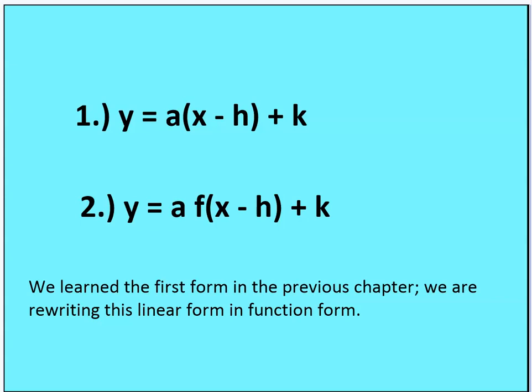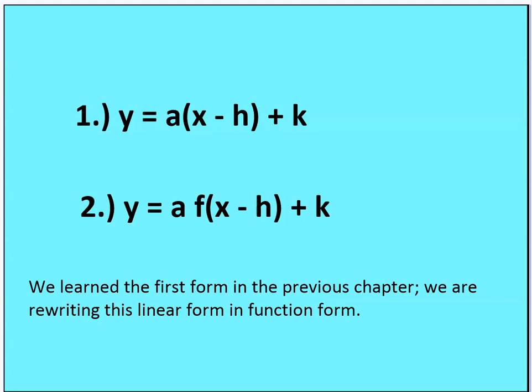And then we morphed m as a slope to a to talk about stretches and shrinks as it relates to a line. With a line, all we're talking about is whether we're making it steeper or less steep, meaning we're moving it towards the y-axis or, as a fraction value, towards the x-axis.